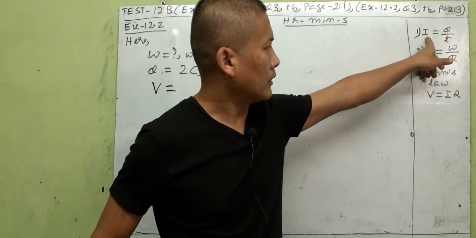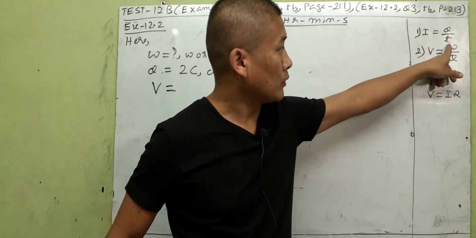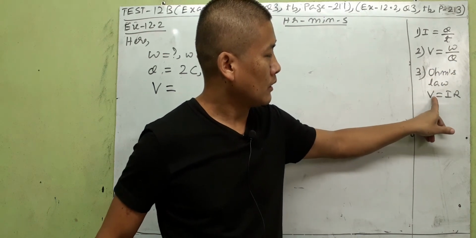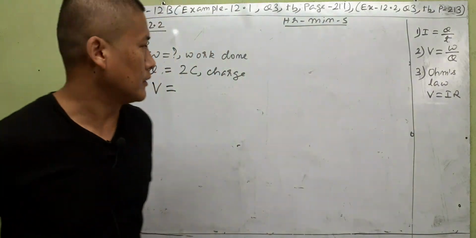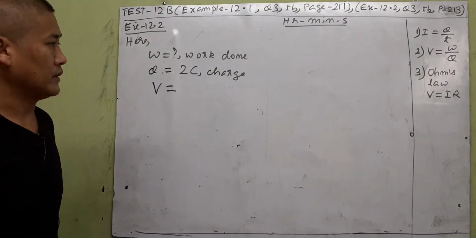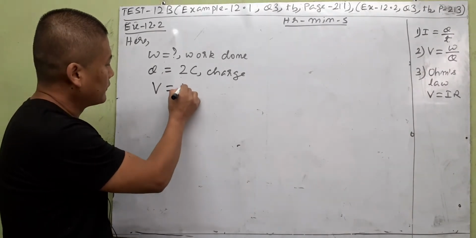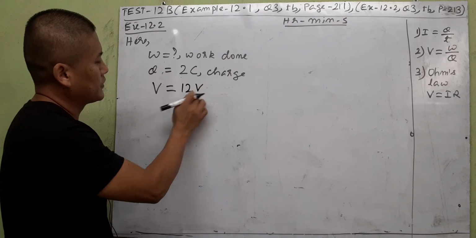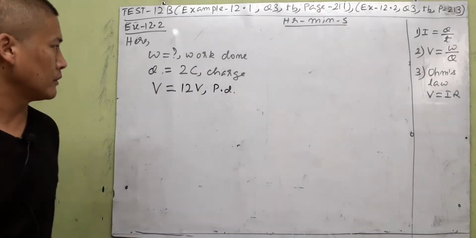I repeat: current, charge, time, potential difference or voltage, work done, charge, potential difference, current, resistance. Okay, so get familiar with the physical terms there. So potential difference is 12 volts. The SI unit of potential difference is volts. It is the potential difference between the 2 points.